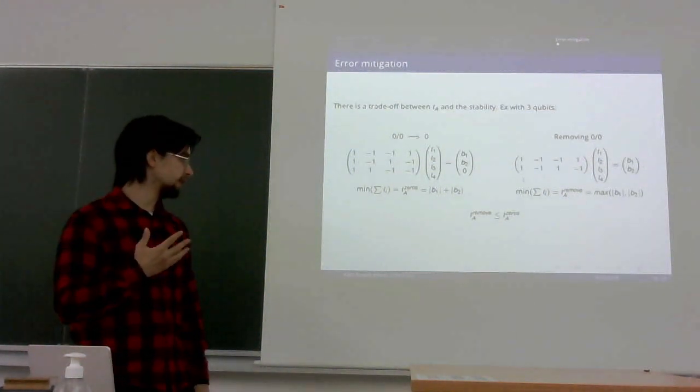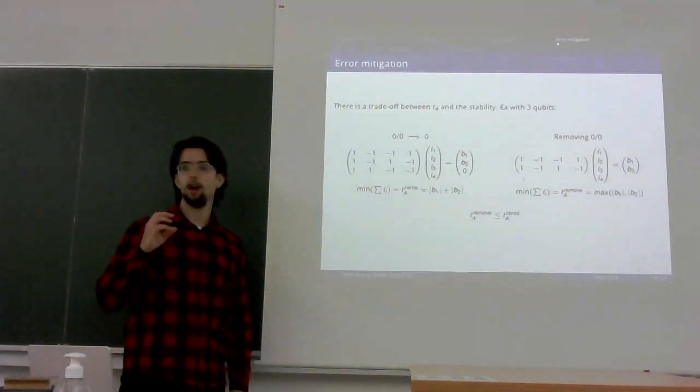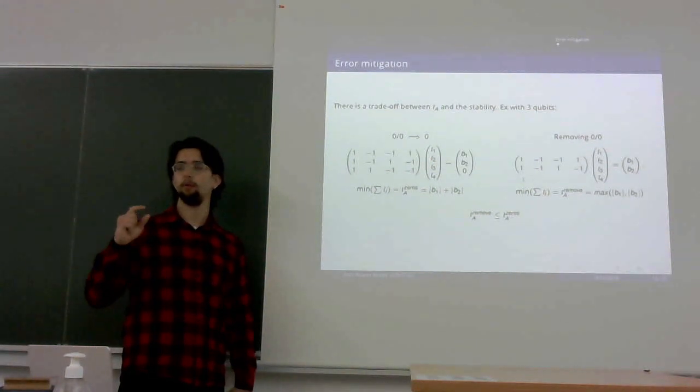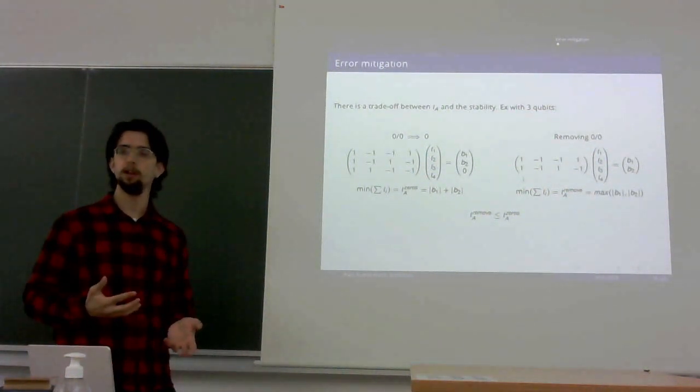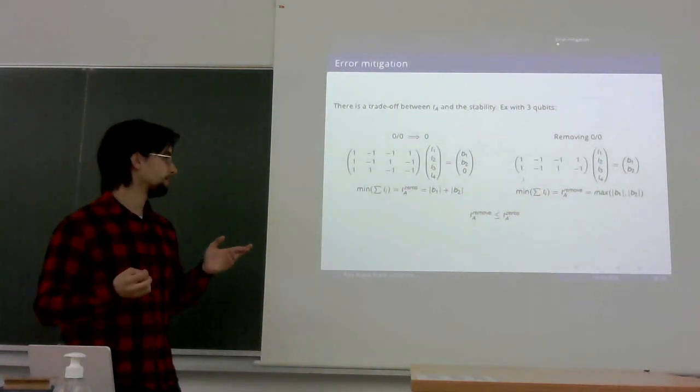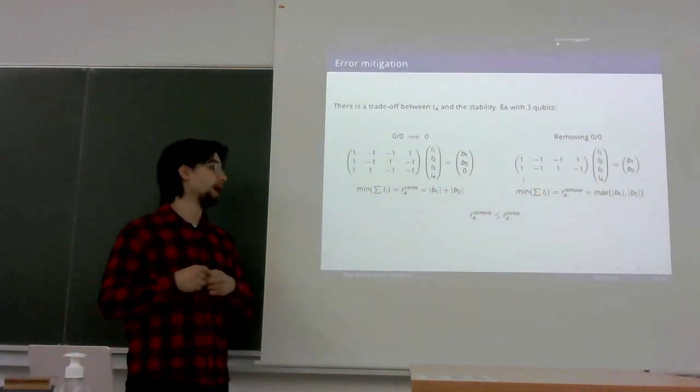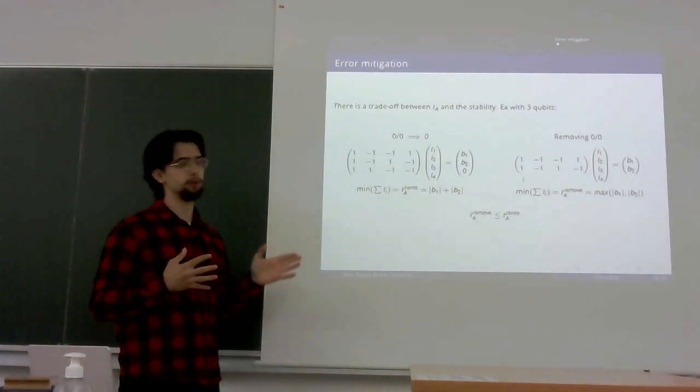And we can see that the simulation time for removing these couplings, the ones that are not in the problem Hamiltonian, is going to be less than or equal to having zeros.